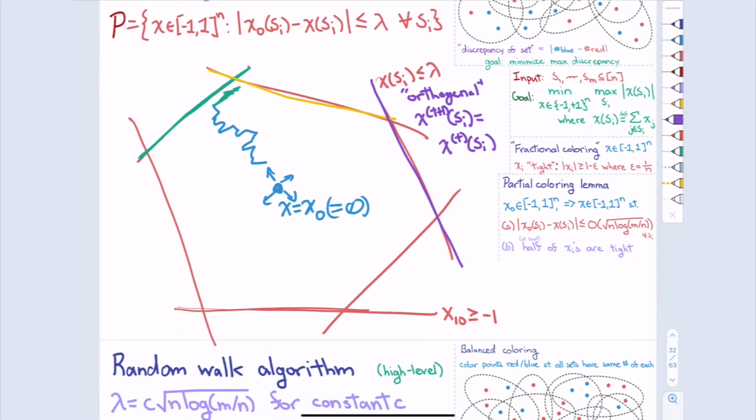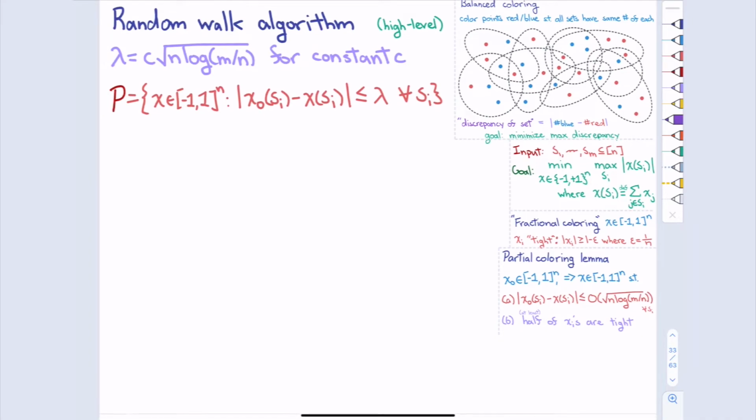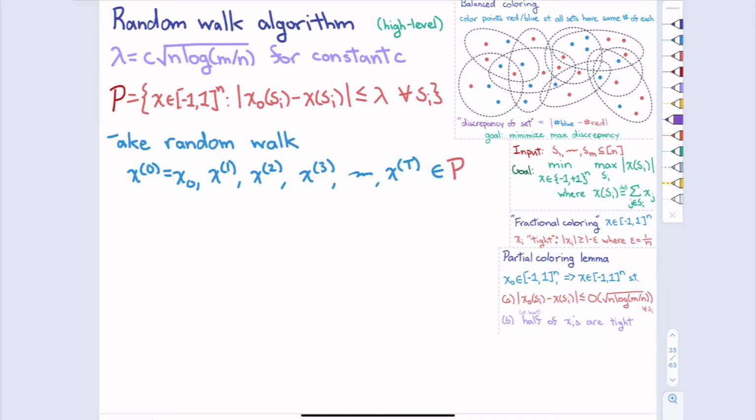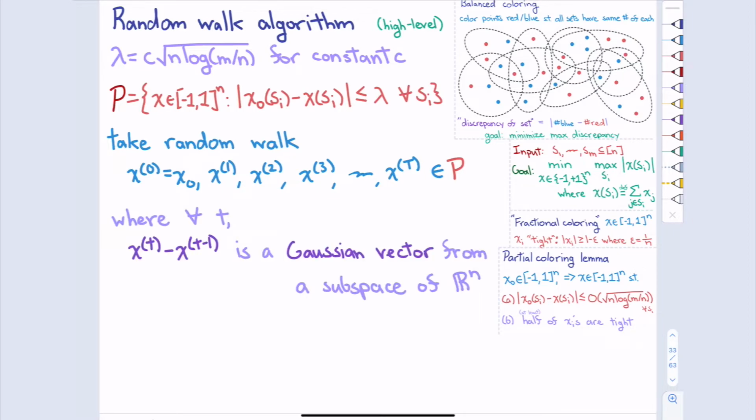So let me give some more details. We're doing this random walk in P, and we'll have to show that with high probability all the points are going to be in P. The details are that at every step, the difference between one step and another, xt minus xt minus 1, is going to be a Gaussian vector from an appropriate subspace of Rn.